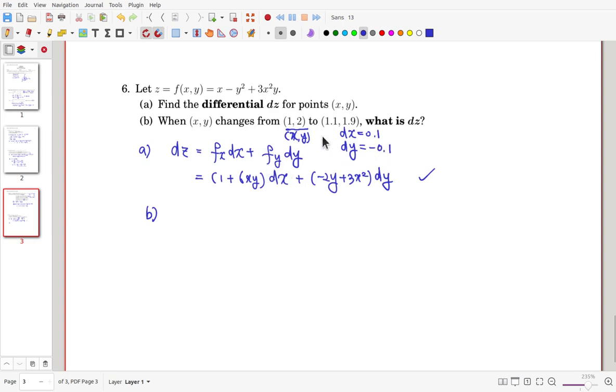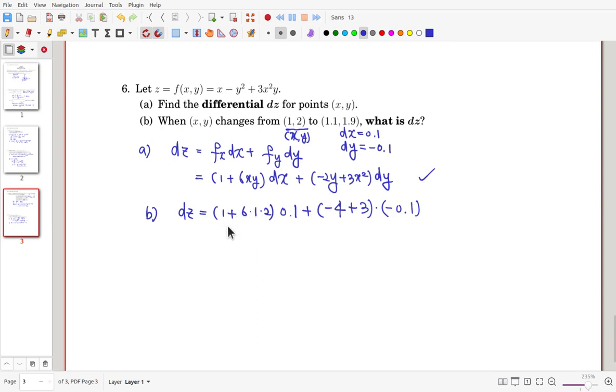So we know every value: x value, y value, dx, dy. We use those values to get a numeric value for dz. So dz equals 1 plus 6 times 1 times 2, and dx is 0.1, plus minus 2y, minus 4, y is 2, and plus 3 times x squared, x is 1, so that is 3, times minus 0.1.